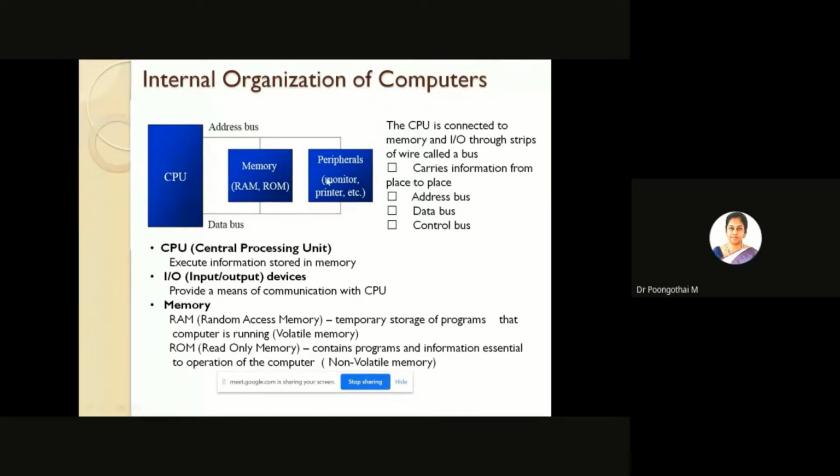And next is your control bus. It is used to provide read and write signals to the device. Those read and write signals are generated by your CPU to indicate whether the CPU is asking for information or sending information. Okay.